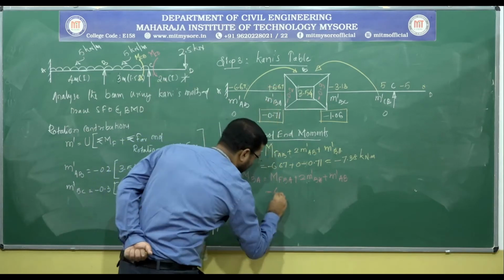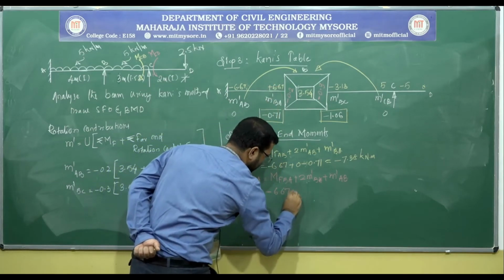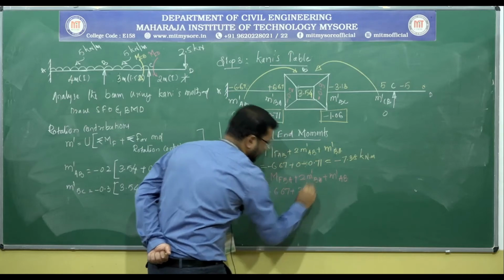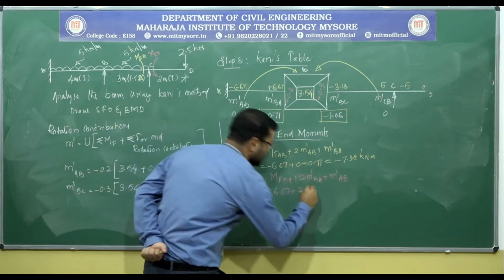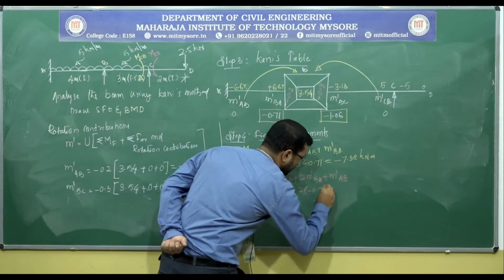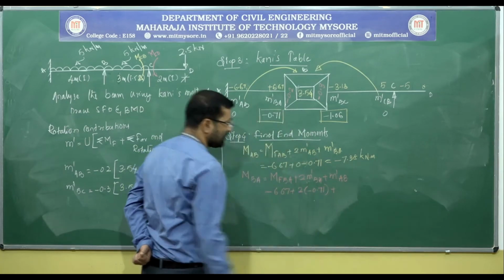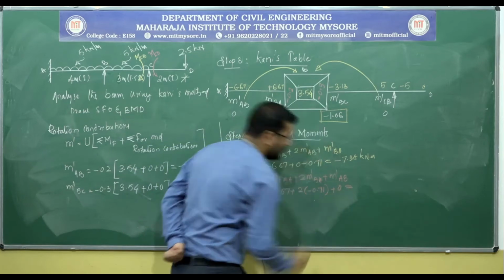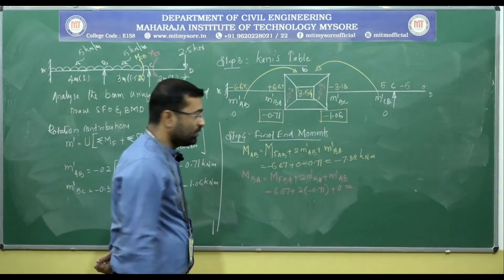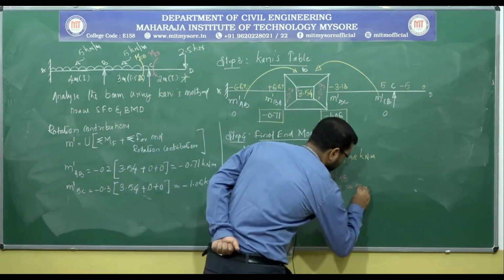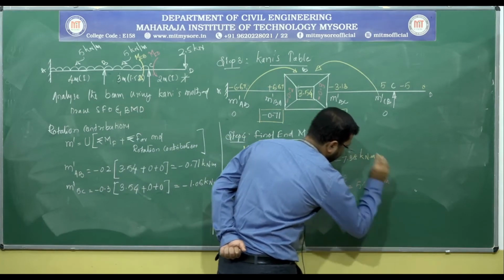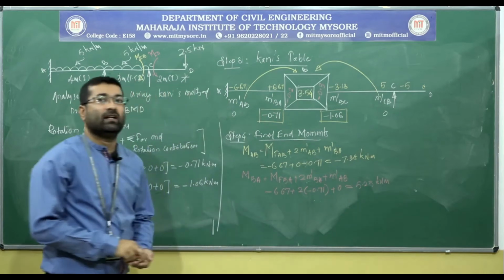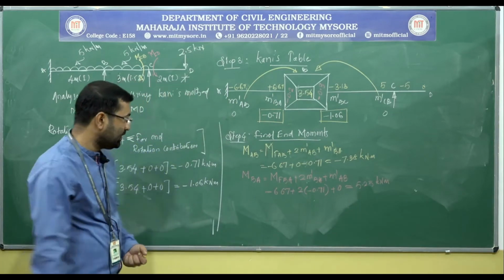MFBA is plus 6.67 plus 2 times M dash BA, which is minus 0.71, plus M dash AB, which is 0, which gives you plus 5.25 kilonewton meter as the end moment.